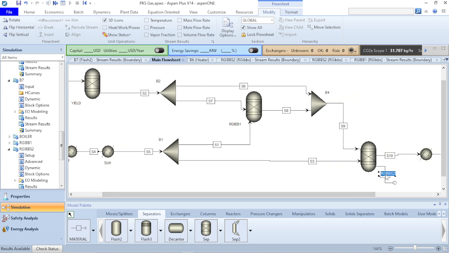So let's move this, we call this ash, and then we're good to go. We run this. So this is just a simple process for the gasification of palm kernel shell.